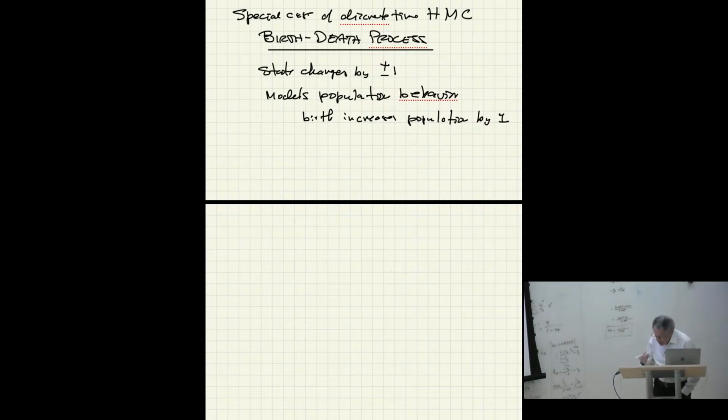A death decreases the population by 1. And we do not allow multiple births or multiple deaths. No twins, etc.